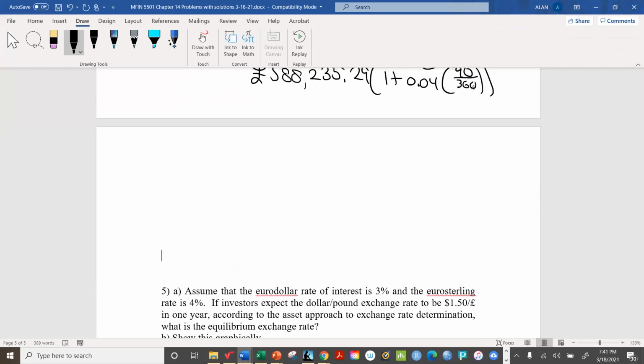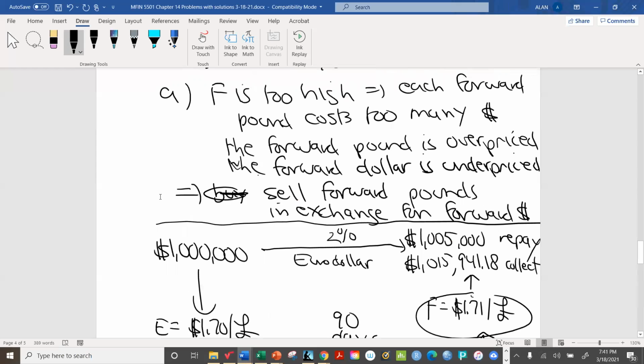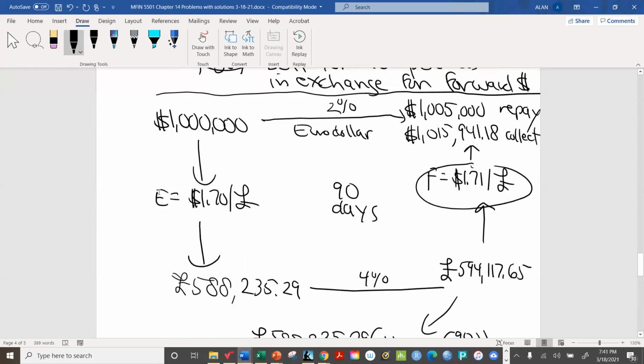Okay, so in other words, we want to basically reverse what we did up here. The forward pound is underpriced.